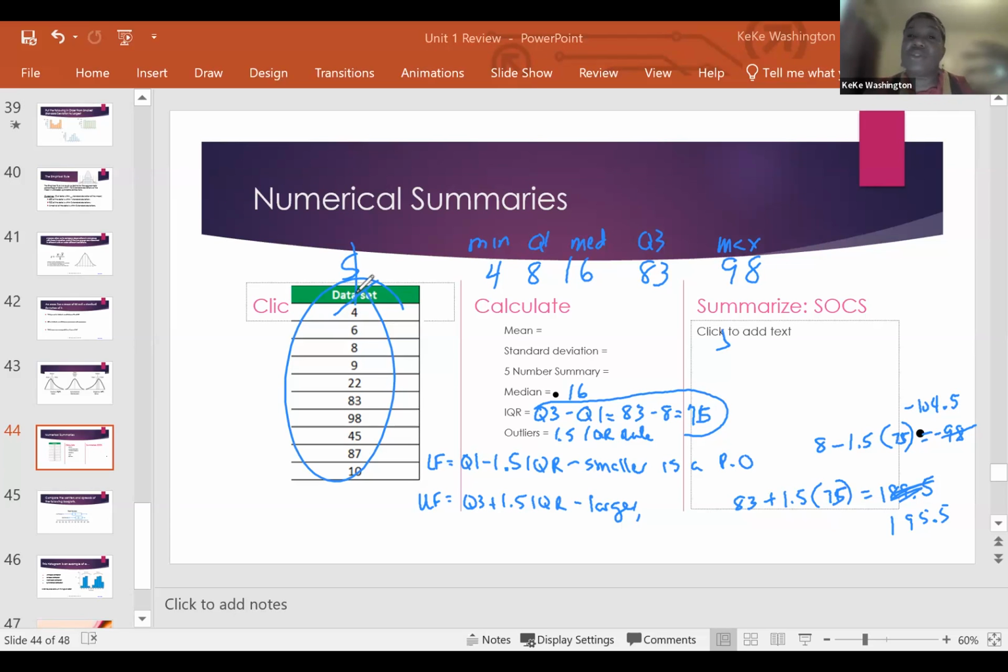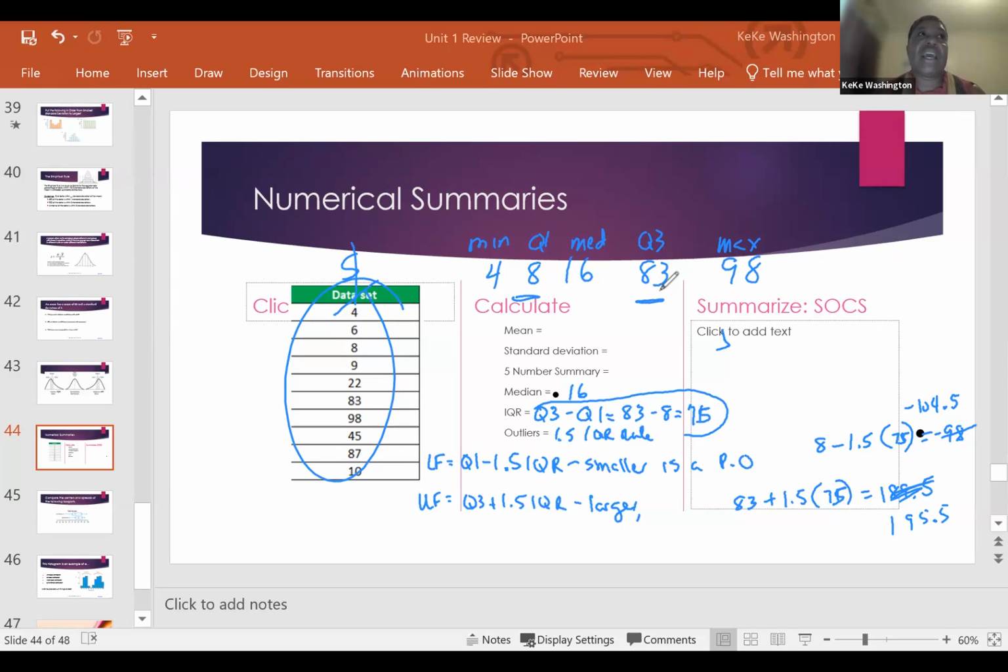And remember in module 2, we were talking about, is the center the typical value? Then I would say the middle 50% of people have between $8 and $83 in their pocket, because that's my IQR, okay? The Q1 and the Q3.